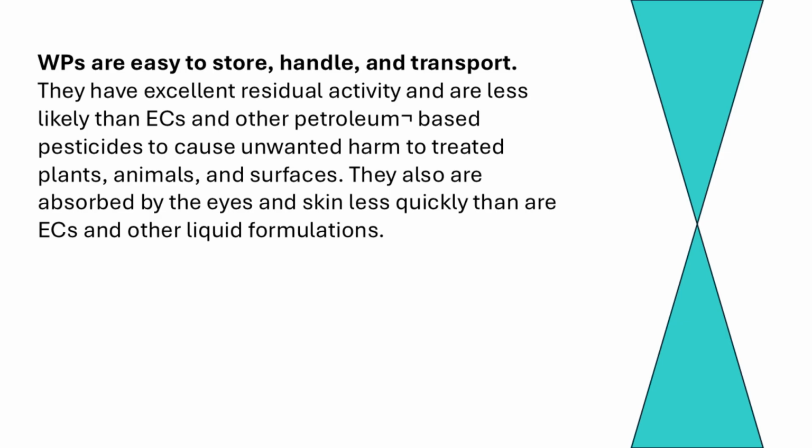WPs are easy to store, handle, and transport. They have excellent residual activity and are less likely than ECs and other petroleum-based pesticides to cause unwanted harm to treated plants, animals, and surfaces. They also are absorbed by the eyes and skin less quickly than are ECs and other liquid formulations.